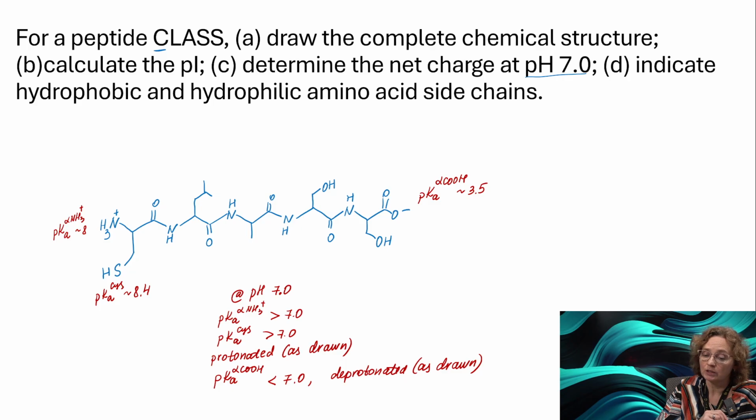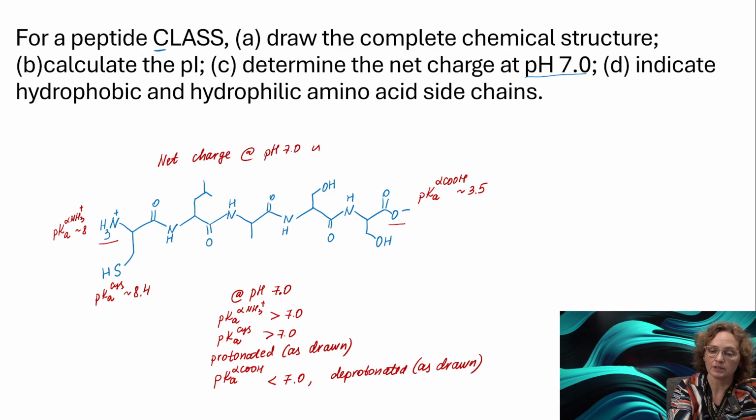And now we can determine the net charge for that peptide. Because here we have one positively charged group and one negatively charged group, and that's it, we know that the net charge at pH 7 is 0.